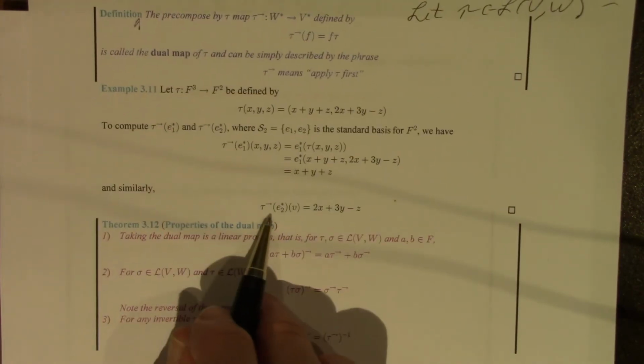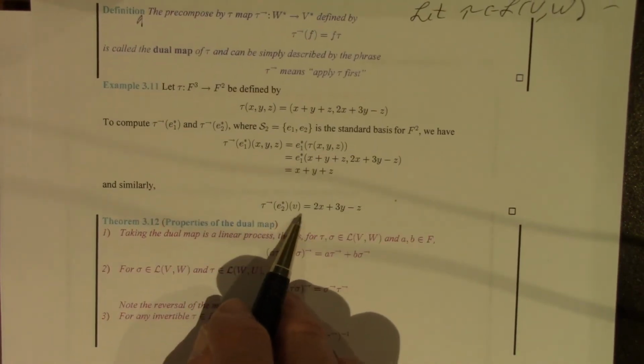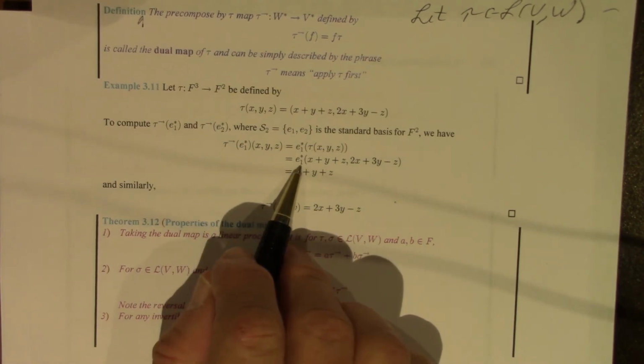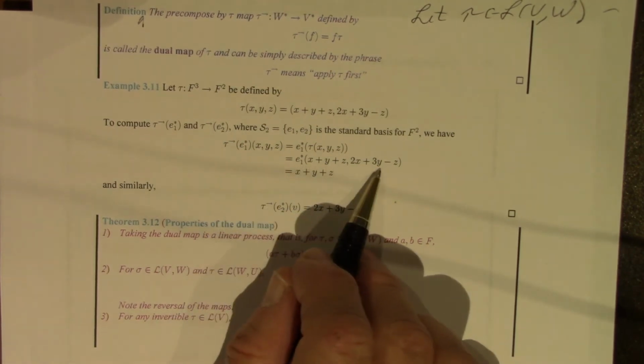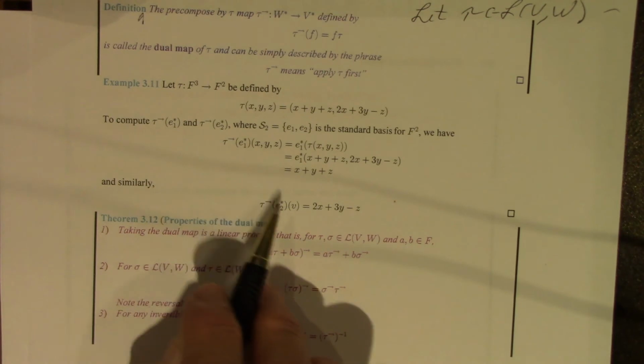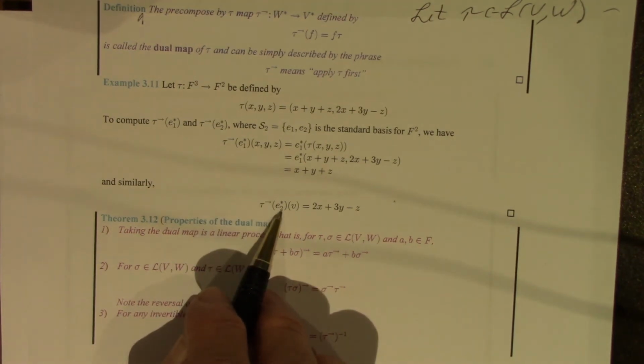And then tau arrow E2 star of v, it just picks out the second component. So these two equations uniquely define tau arrow.